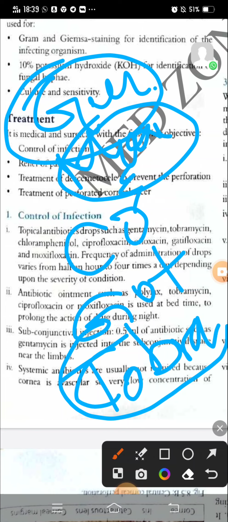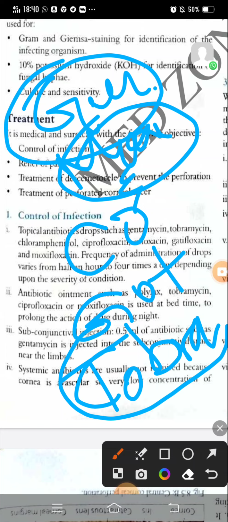Systemic antibiotics are particularly not required in this condition, as you know that the cornea is avascular. When you give systemic antibiotics, they first reach your blood, so very little or no amount will reach the cornea, so they are of no use in this case.